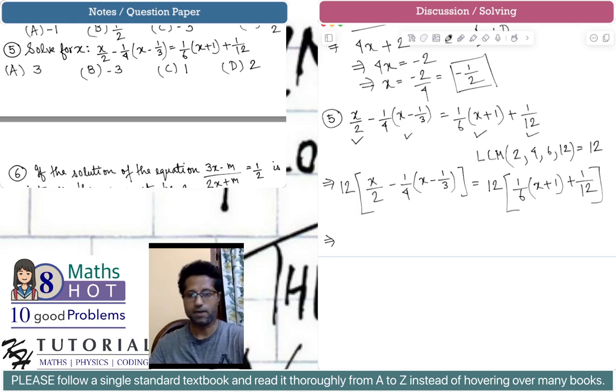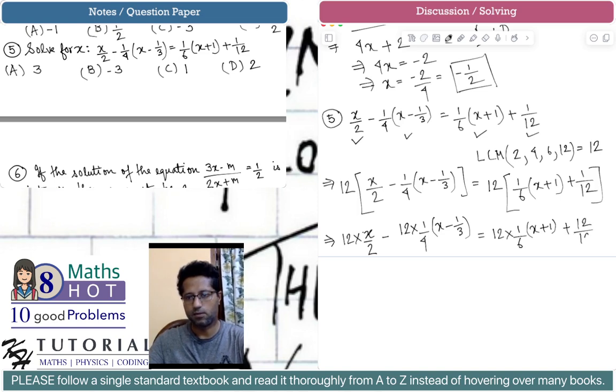If you apply that concept, we will have 12 multiplied by x by 2 minus 12 multiplied by 1 by 4 and x minus 1 by 3 is equal to, on the right hand side also, if you apply the distributive law of multiplication over addition, you get 12 multiplied by 1 by 6 x plus 1 plus 12 by 12.